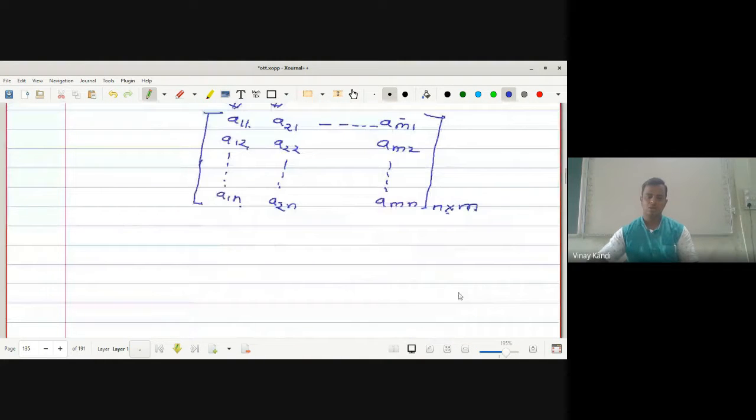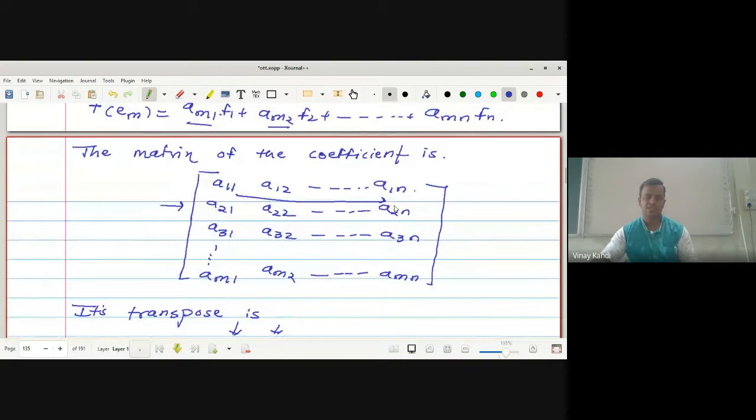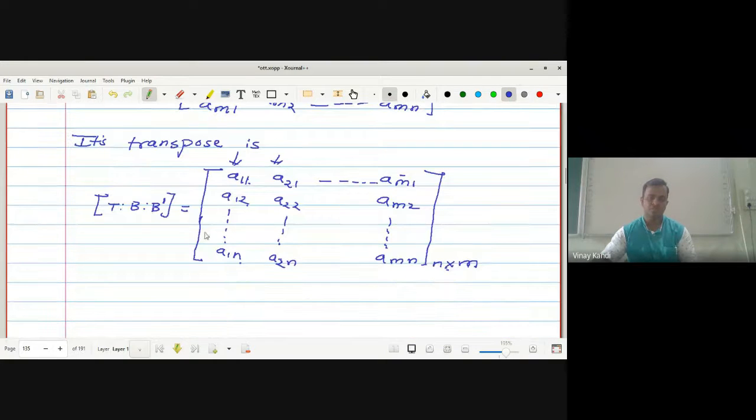So this is called the matrix of the linear transformation with respect to B and B dash. What is this one? The transpose of the coefficient matrix. This is the coefficient matrix, and the transpose of this matrix is this one.